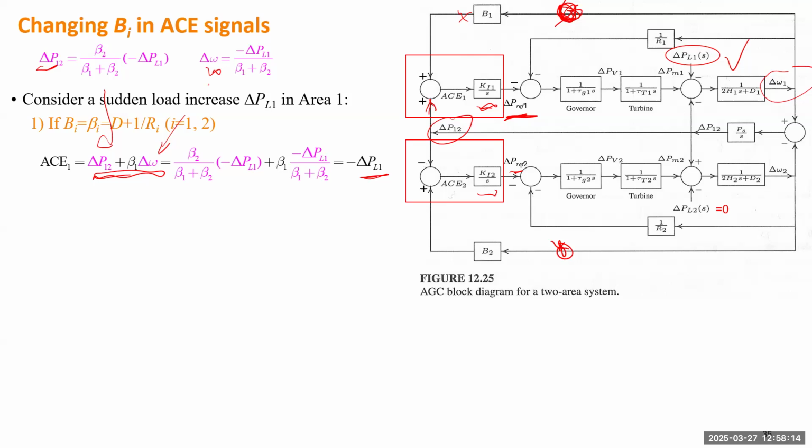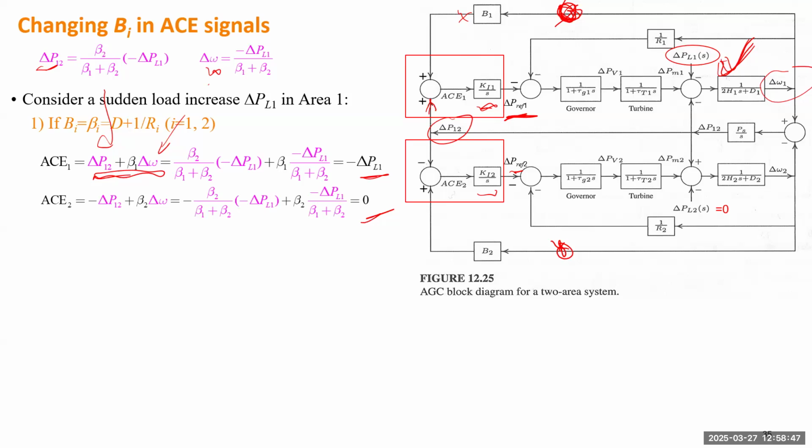This is for area 1, which means the first generator needs to increase the generation by this amount. Why? Because this is negative feedback control, and area 1 has a load change, so you have to cancel the load change. If you calculate ACE2, that's 0, which means the second area doesn't need to do anything.